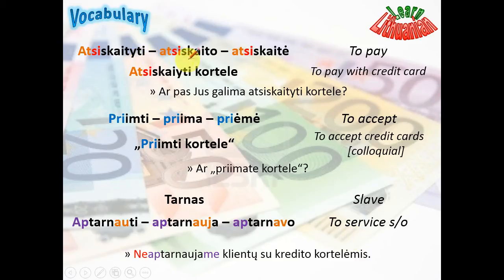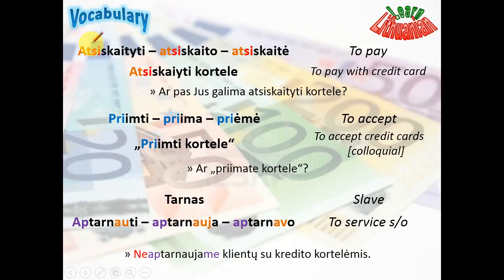Atsiskaityti, atsiskaito, atsiskaitė. It means to pay. I have one video with the root skaityti, to read, and this word has some more examples in that video.